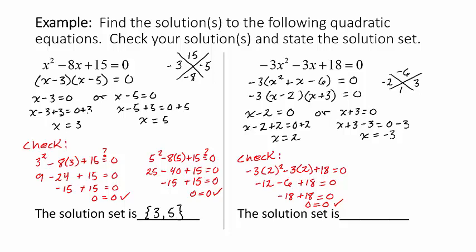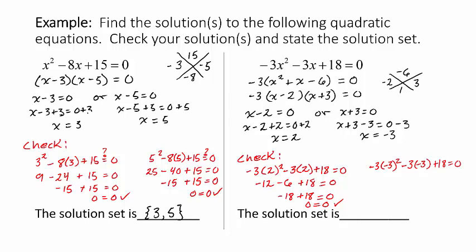How about x equal -3? So if I plug -3 in for x, make sure you square all of -3 there with the x squared. So -3 times -3 squared minus 3 times -3 plus 18. Is that equal to 0?